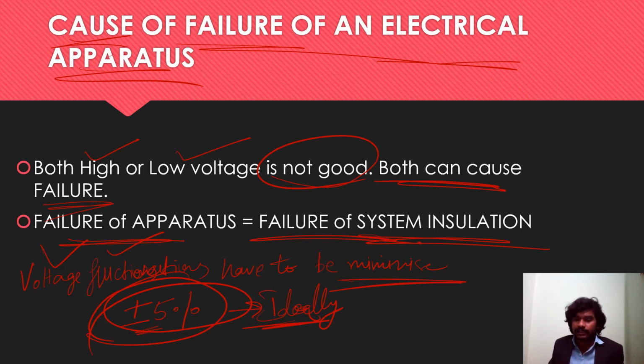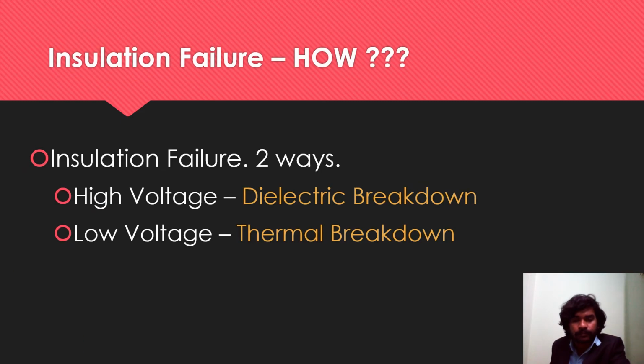Also, the Indian Electricity Rules define how much variation of voltage is allowed in different voltage systems. That we will discuss in another video. But ideally it is recommended that plus or minus 5% should not be exceeded in order to avoid failure. Now we are saying that insulation is failing, then the machine has failed. How?